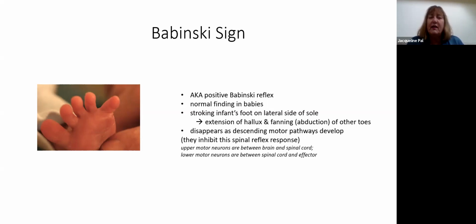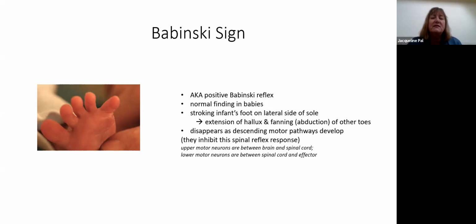And then what happens as the nervous system develops, because if you recall, we have a lot of plasticity in the nervous system, but what happens is initially you're born with what are called upper motor neurons. In other words, neurons that are between the brain and the spinal cord. And then you will develop your lower motor neurons later on. And these are the neurons that go between the spinal cord and the effector organs. Okay.